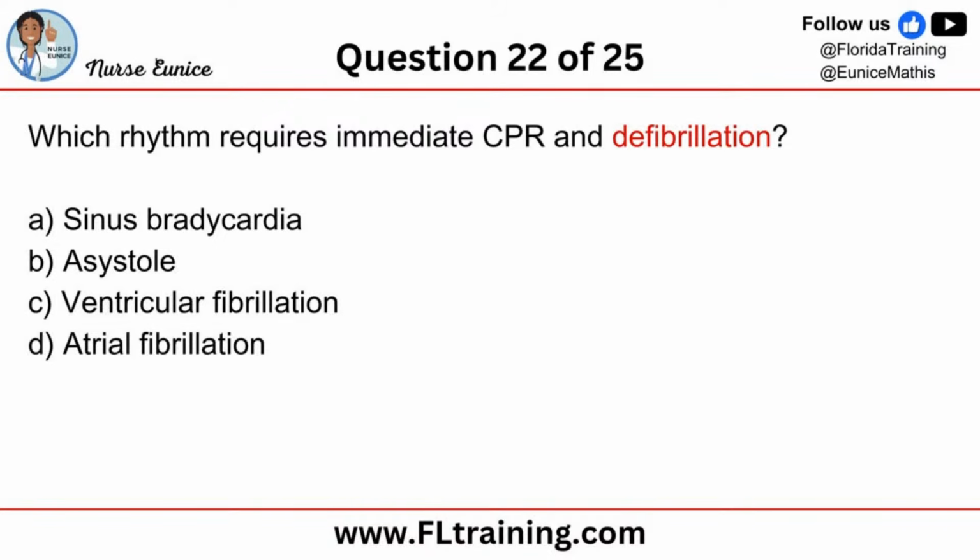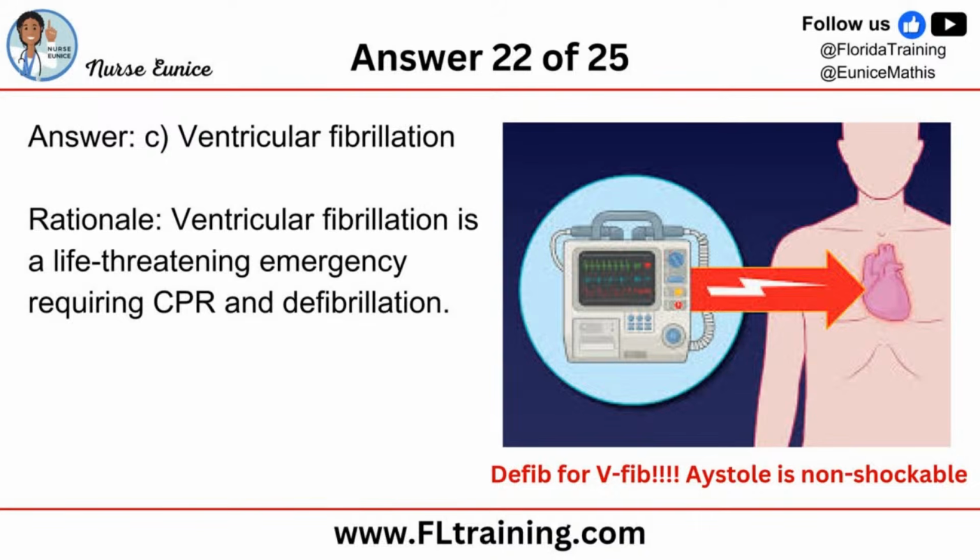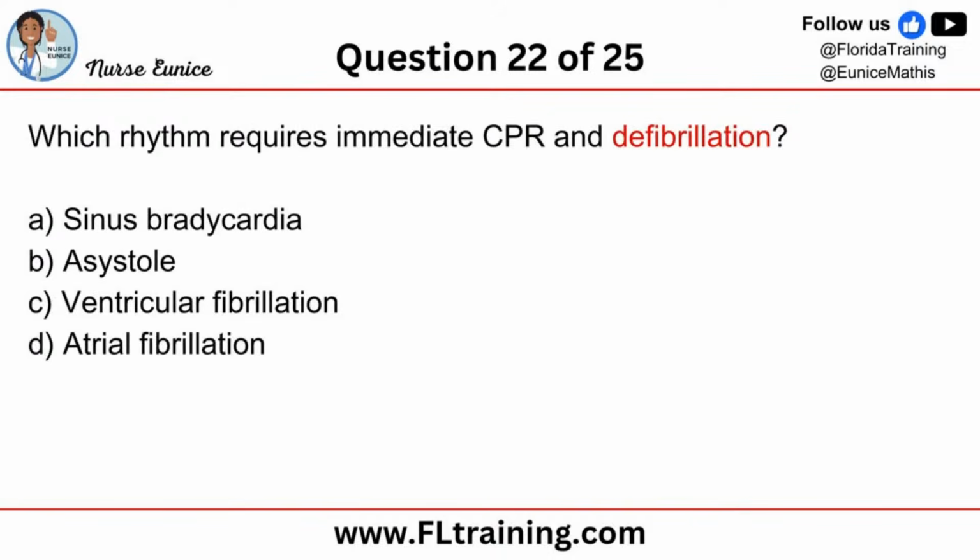So looks like Buck, Celia, Rylas. I think I missed somebody. If you said C, you are correct. And so something that I want you to write down, if you haven't written this down yet, is that we defib, aka defibrillate, for VFib. We cannot shock asystole.